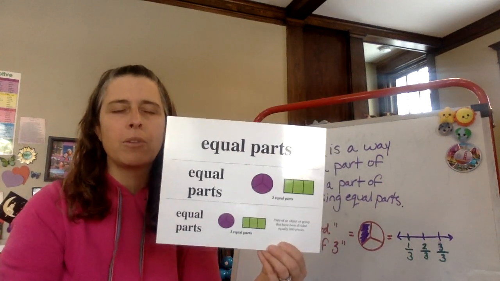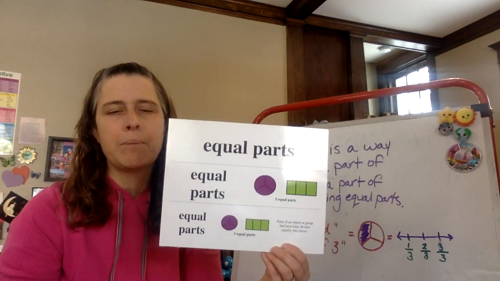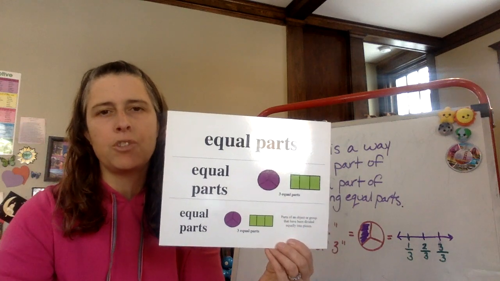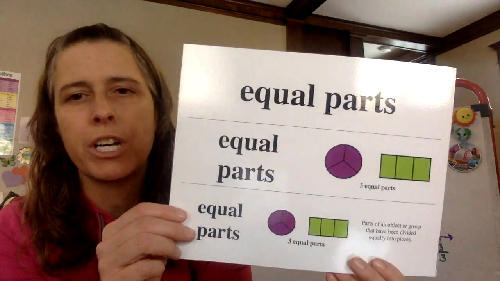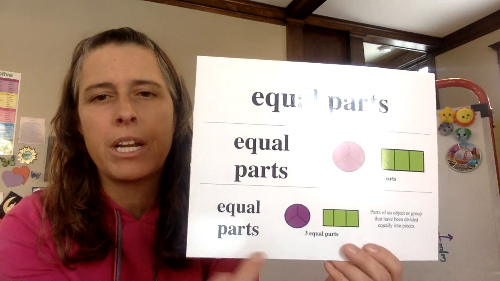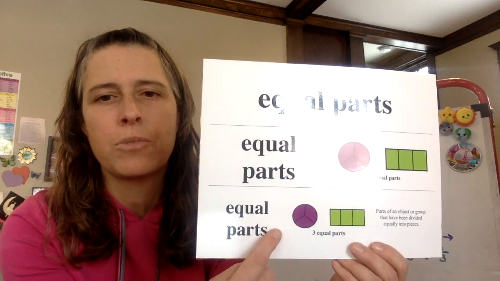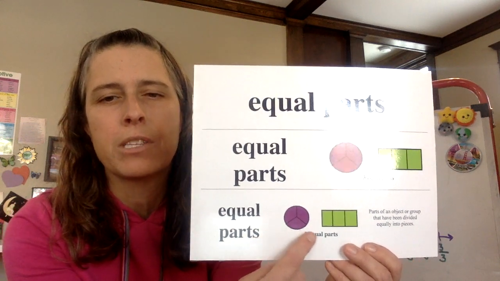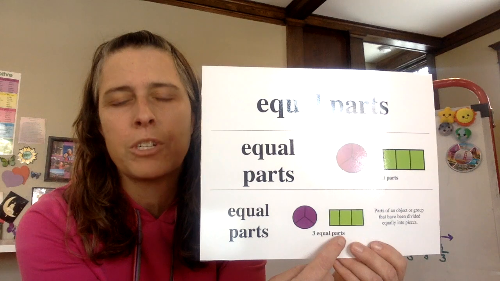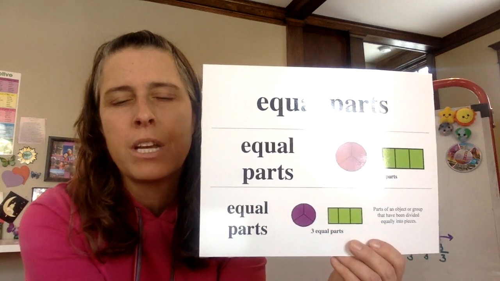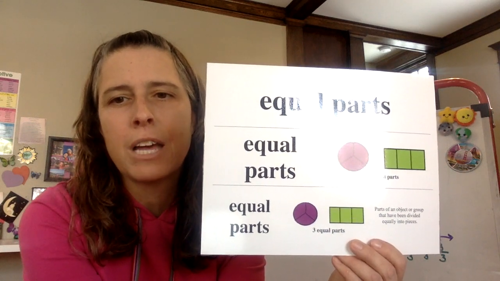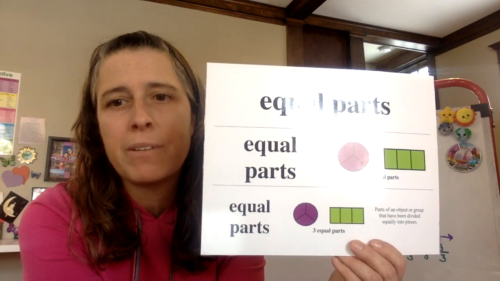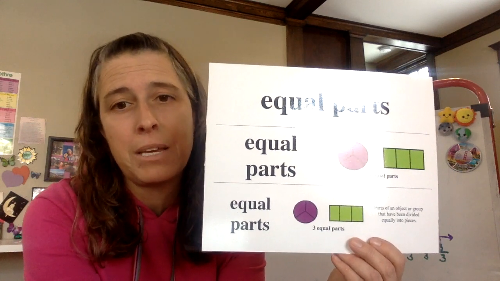When we are talking about fractions, we're talking about figures that are divided up into equal parts. So, let me bring it a little closer here. This one does a good job right here. It's showing this circle, which is divided up into 3 equal parts, and this rectangle, which is divided up into 3 equal parts. Equal parts are parts of an object or group that have been divided equally into pieces.